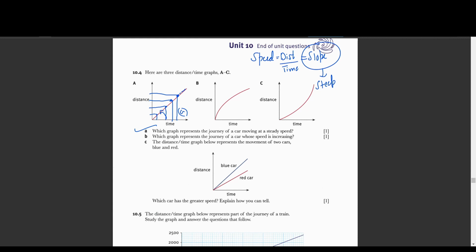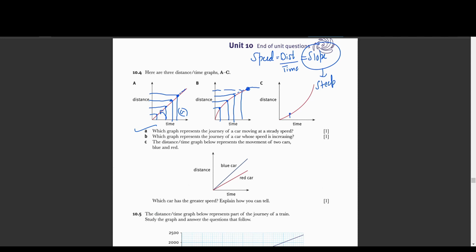Fine. Part B says, which graph represents the journey of a car whose speed is increasing? Now look at this graph B. As the time passes, the distance traveled is less and less. The distance traveled becomes less and lesser. Fine. So definitely this is not the graph we are looking for.